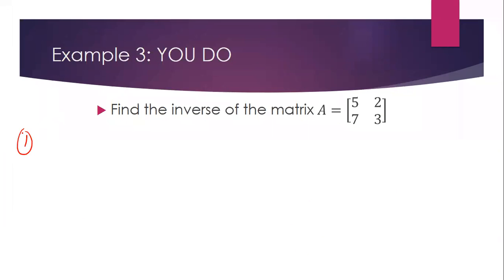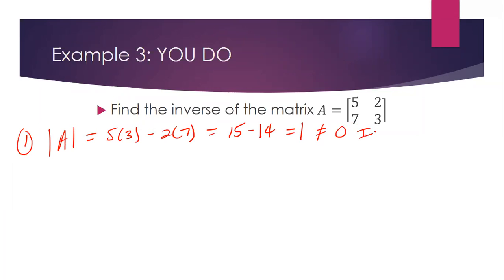Step 1, find the determinant of A. We have 5 times 3 minus 2 times 7. That gives us 15 minus 14, which equals 1. Not equal to 0, so there is an inverse. Step 2, our elements are A equals 5, B equals 2, C equals 7, and D equals 3.